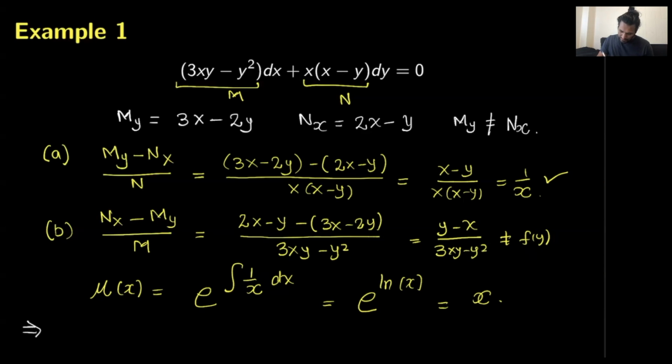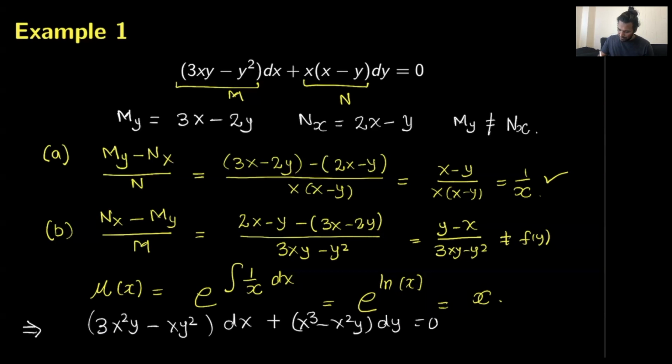So if I multiply this, it's going to be (3x² y − x y²) dx, and plus (x³ − x² y) dy, I'm just simplifying a little bit, is equal to 0.